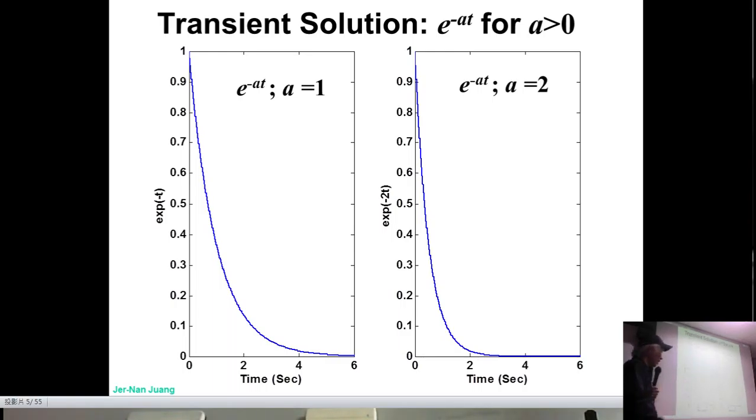By about 6 seconds, that transient response is gone. Okay? Agree? Understand? So your system A is important. The system transient response will be gone in a few seconds if you have the right eigenvalues.